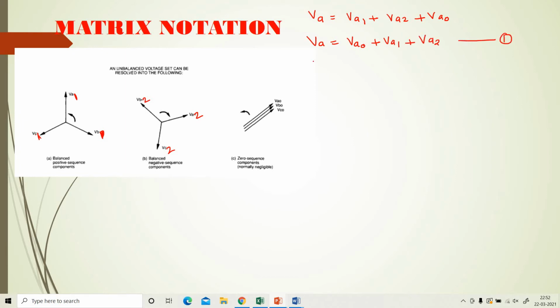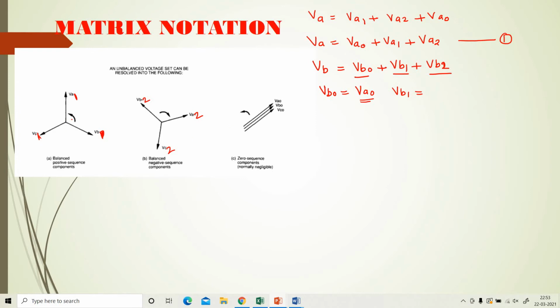Next what is VB? VB equal to VB0 plus VB1 plus VB2. I have to write VB0, VB1, VB2 in terms of VA. What is VB0? VB0 equal to VA0. What is VB1? See this is VB1.